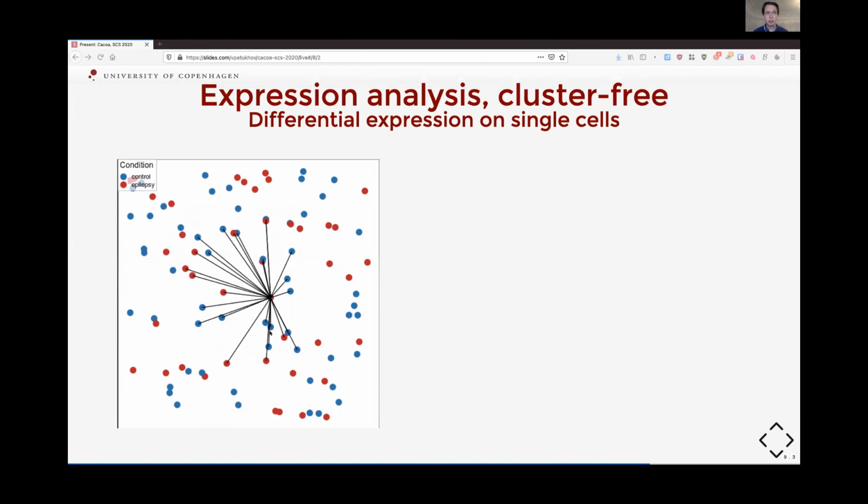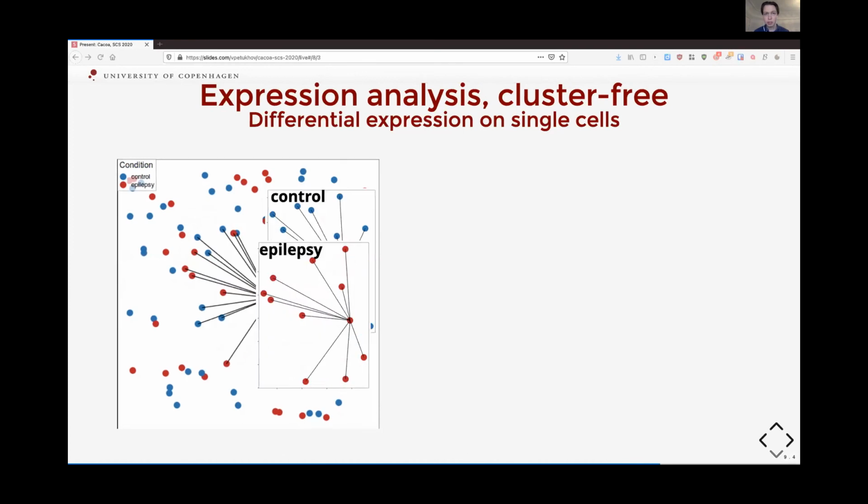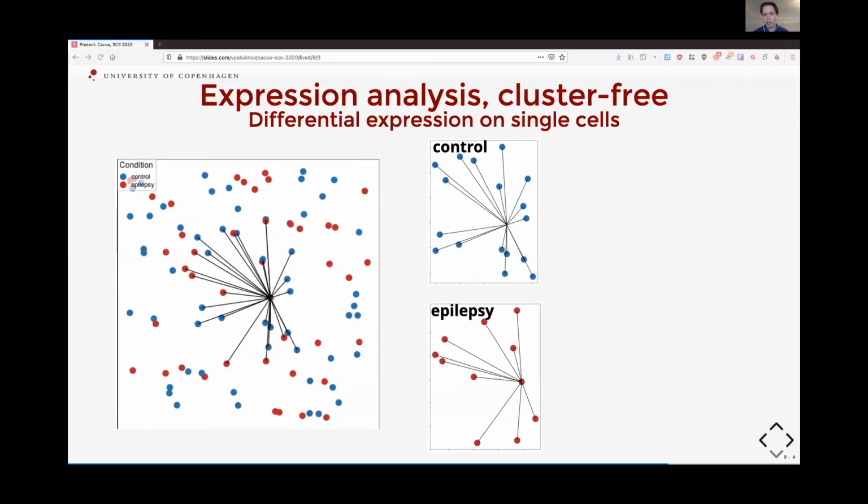You can see them connected to this cell. And in this neighborhood, we can look at control, we can look at the case, and we can take these groups of cells and do differential expression between them. And we can do it for every single cell in the dataset. So it works kind of slow, but still works.